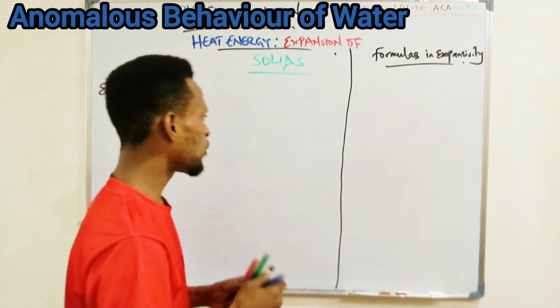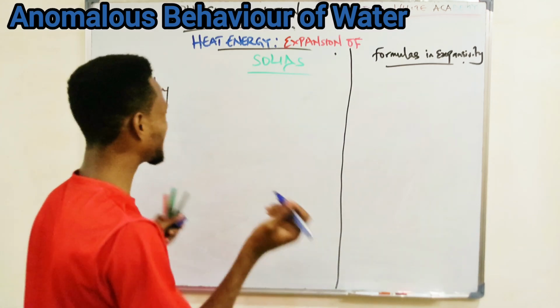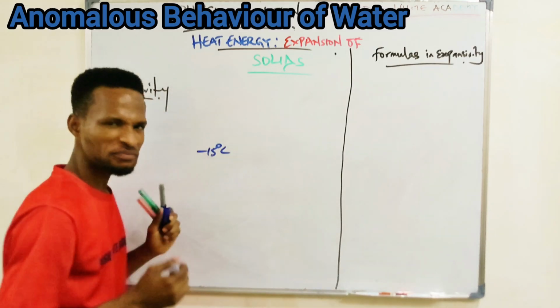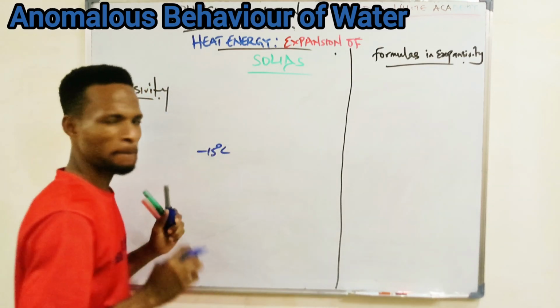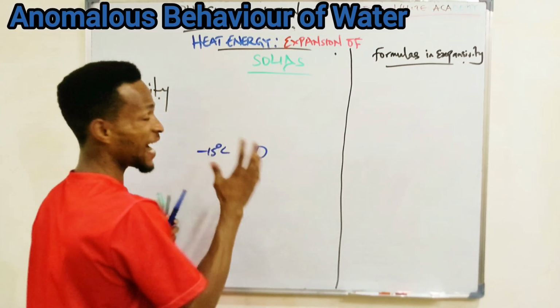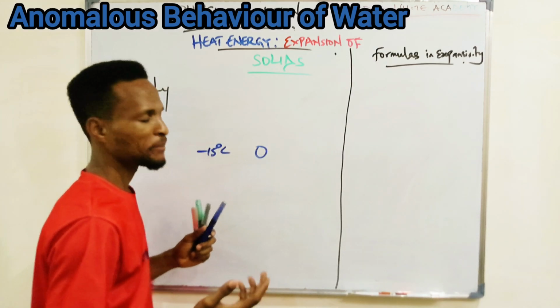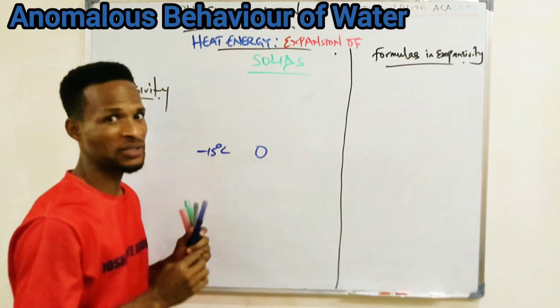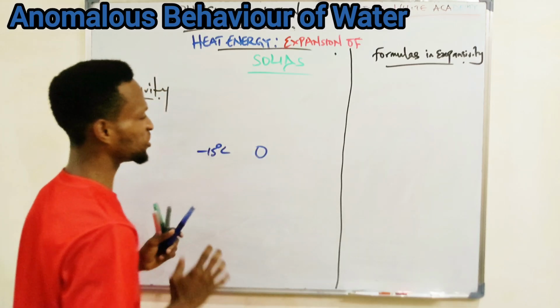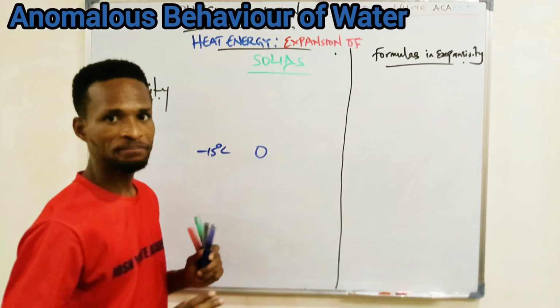Let's say water at a temperature of minus 15 degrees Celsius. As it is heated and reaches zero, we know that the ice begins to melt. Yes, at the same temperature, that's the latent heat of fusion, at the same temperature to become liquid.